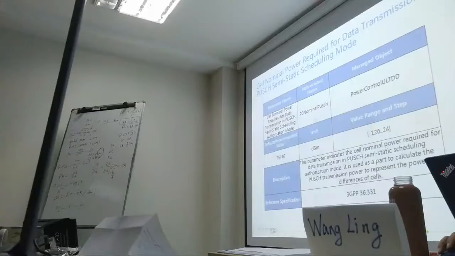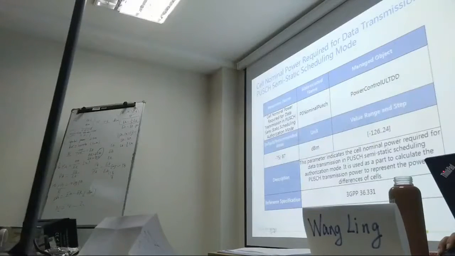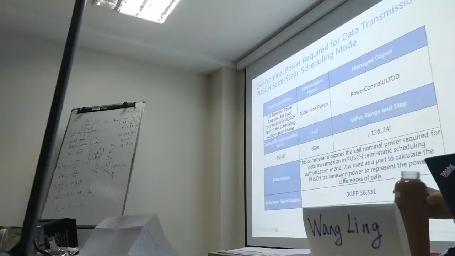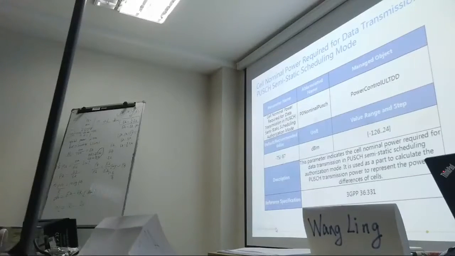Let me give you a little information about our network in the marketing direction. Sometimes we get many complaints from customers. They only receive very small speed. Maybe we don't need to consider utilization first, but I think maybe the uplink coverage is poor.